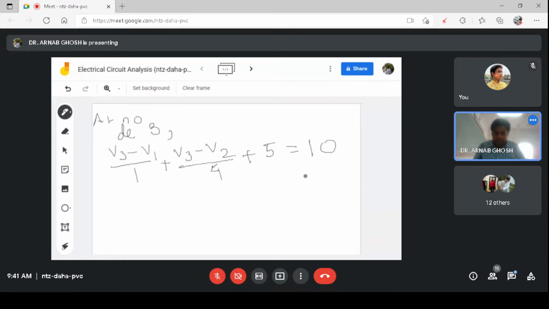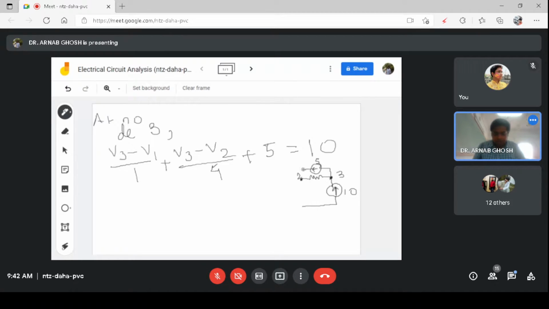Just draw the circuit for node 3. So if this was node 3, you had a resistance here, and this was 10 ampere here, and 10 here.